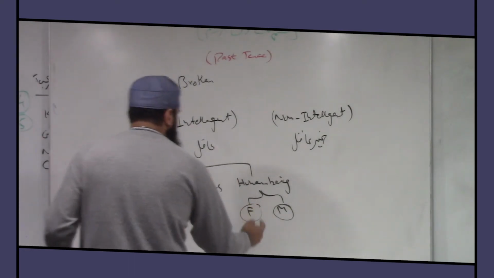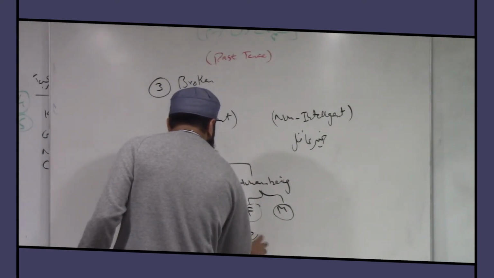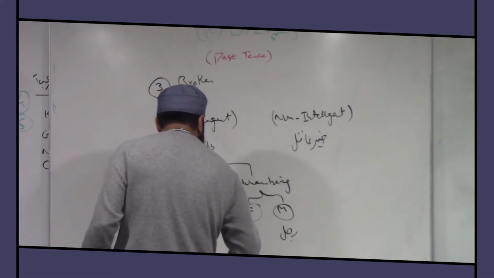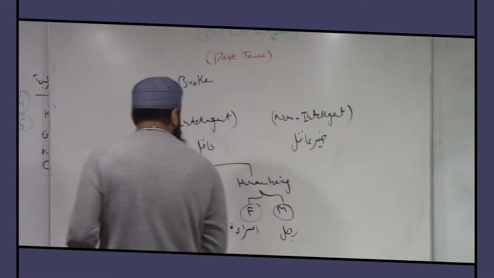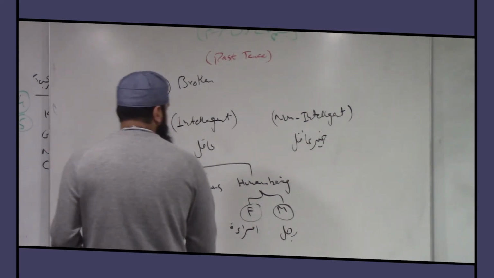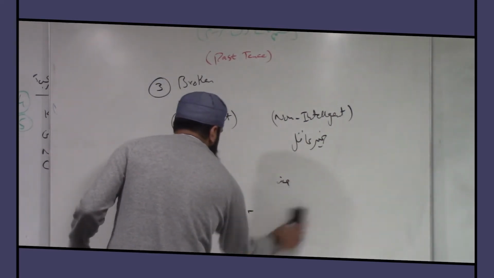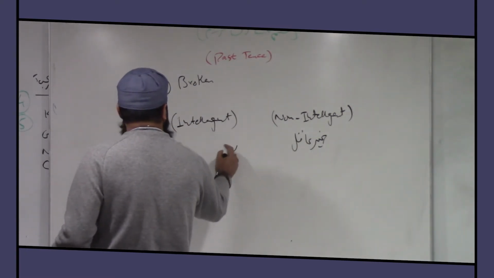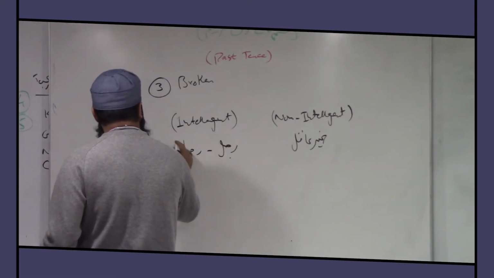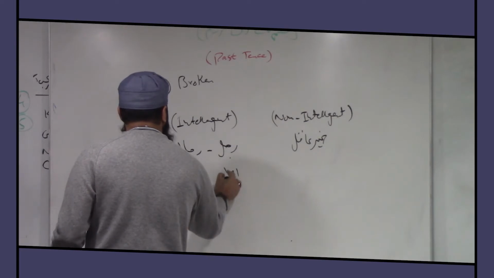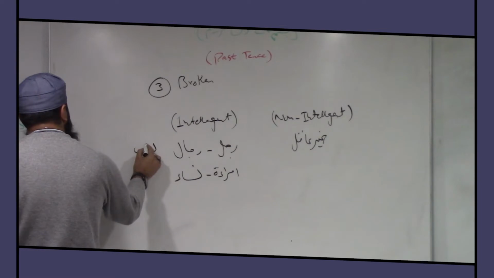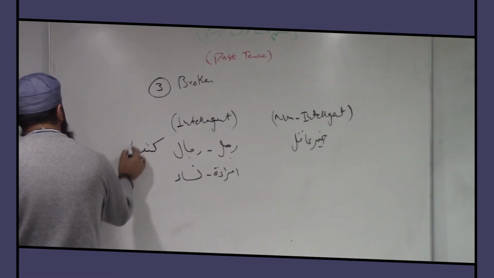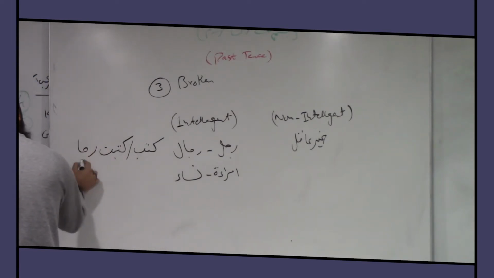Like you have Rajul, Rasul, and then you have Imra. Rajul is masculine, its broken plural is Rijal, and Imra's broken plural is Nisa. So you're going to say Kataba Rijal, Katabat Rijal.